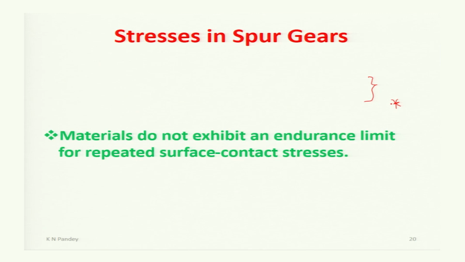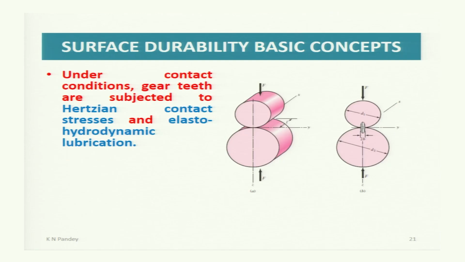Materials do not exhibit an endurance limit for repeated surface contact stresses. Now, the surface contact stresses on the gear were derived from a Hertzian contact stress which acts between two cylinders of diameter equal to d1 and d2. So, in this figure, two cylinders are given.